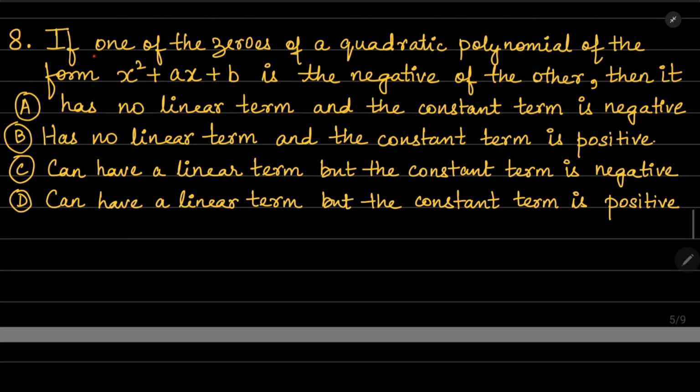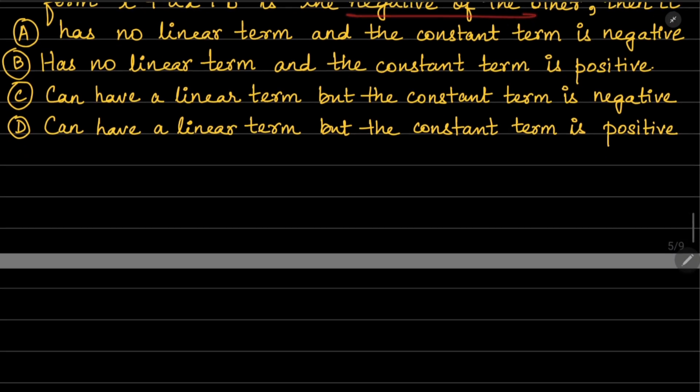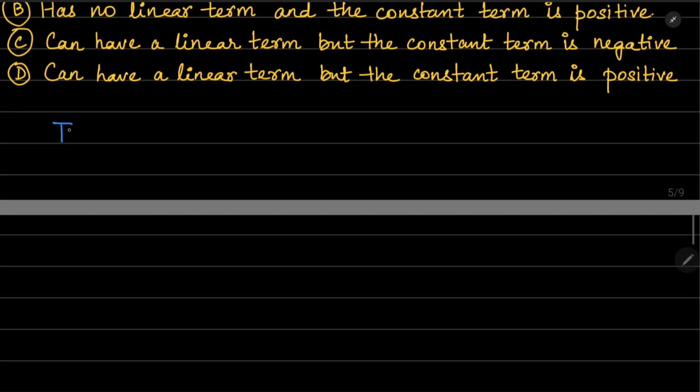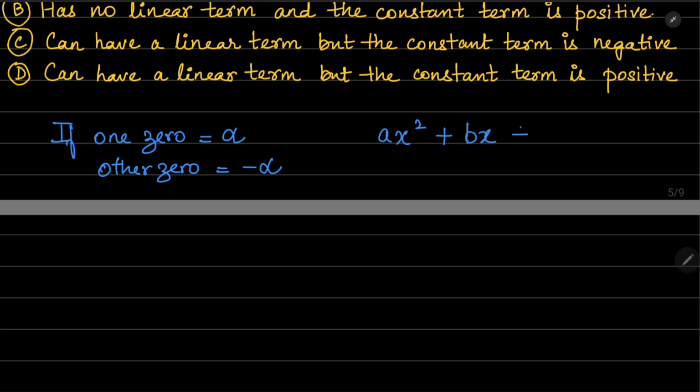What is given is if one of the zeros of the quadratic polynomial is the negative of the other. Suppose one of the zeros is equal to alpha, then your other zero will be minus alpha. And the standard form of a quadratic polynomial is ax square plus bx plus c.